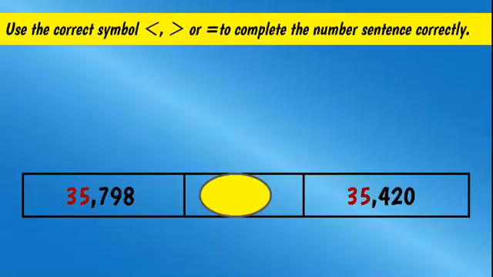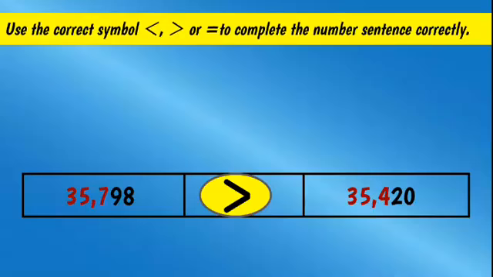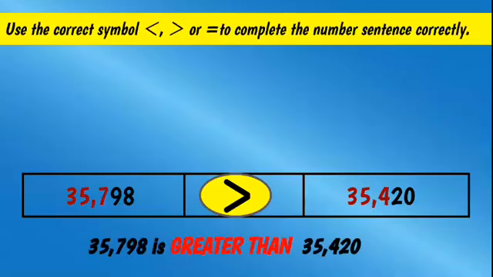So let's move on to the hundreds digits. We have 700 in the first and 400 in the second. So here we have the difference. 700 is more. So we can now say that 35,798 is greater than 35,420. Now open end facing our larger number.